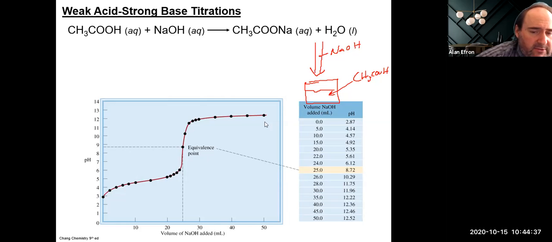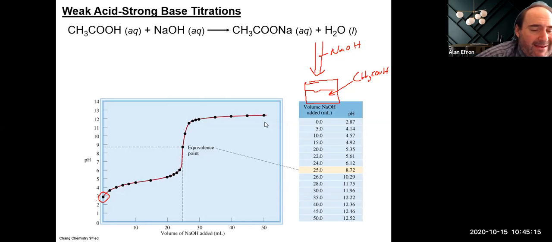So again, we're adding our base to our acid. What we see here is we have an acidic pH. We see still our same sort of S curve happening. As we approach the equivalence point, just like the last one, we see a jump to the equivalence point, and then we see a jump after the equivalence point.